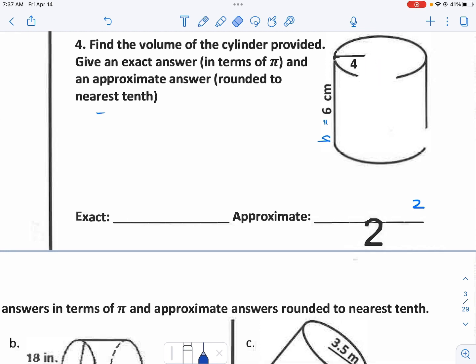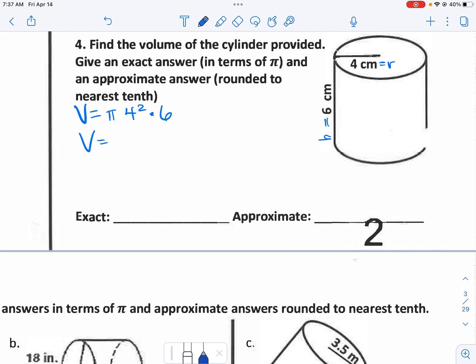If you notice, I started doing it a little bit. So this up here is going to be our radius, and this right here is going to be our height. When it wants our exact answer, it's not looking for you to plug in 3.14. We're going to just plug in pi r squared times h.